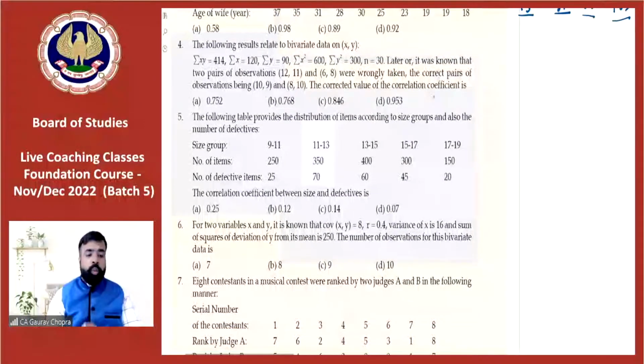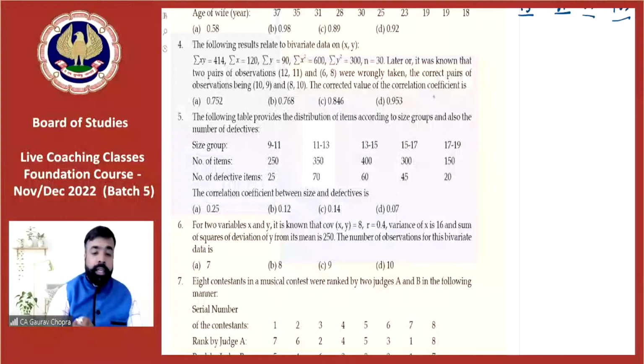Now what this fourth question wants us to convey, the following result relates to bivariate data on X and Y. So sigma xy is given, sigma x, sigma y, sigma x square, and sigma y square.